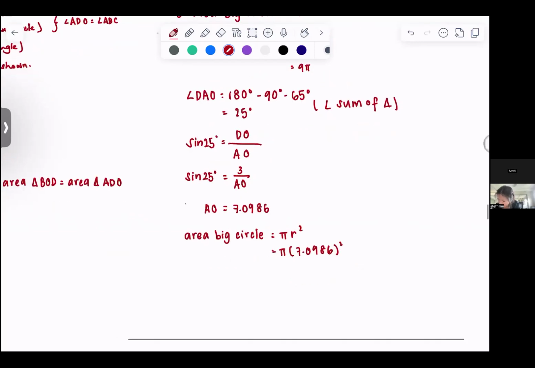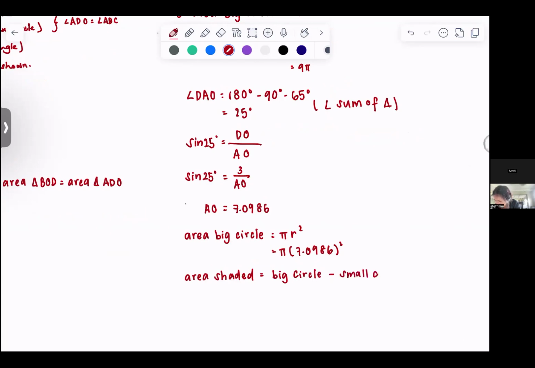Then area of shaded equals big circle minus small circle. Plug in all your values: this is 9 pi, this is this. Your final answer should be 130 cm squared, rounded off to 3 s.f. All right, you're done.